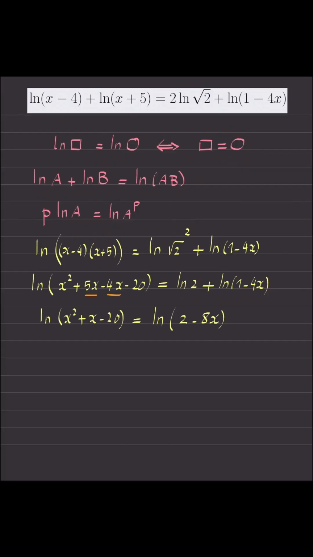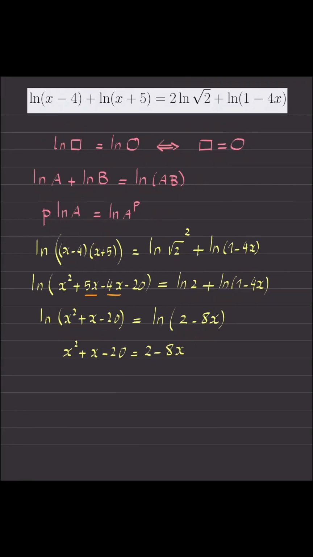Now, what I wanted to achieve is achieved. Why? Because I have ln of a box on the left equal to ln of the circle. In other words, ln of this number is equal to ln of this number. This can only happen if these numbers are positive and x squared plus x minus 20 equals 2 minus 8x. But that is an extremely simple problem now. It's just a simple quadratic equation.